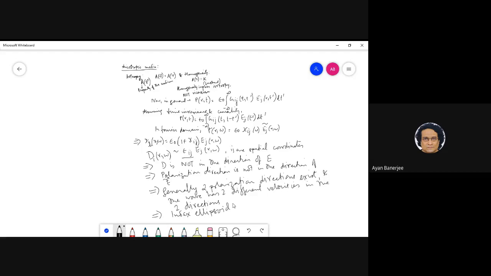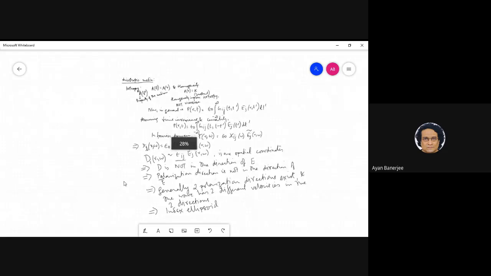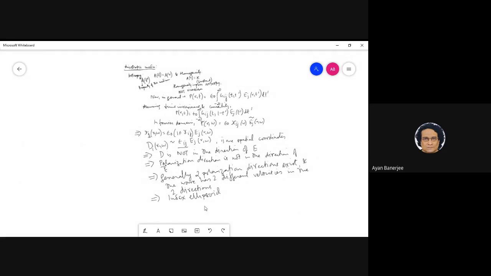This is extremely important because when we deal with different types of crystals, essentially they have different types of symmetry. Okay. And so we call them uniaxial and biaxial crystals.